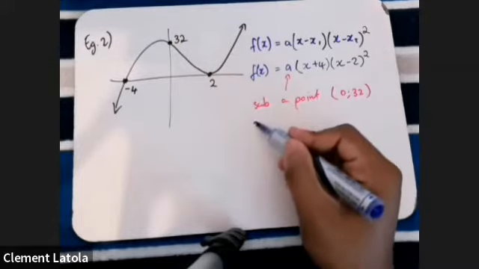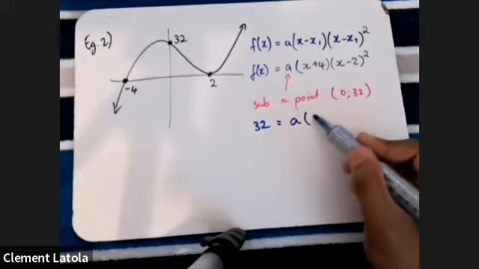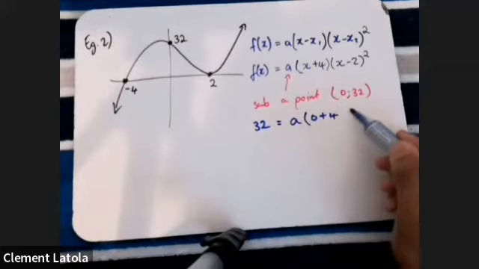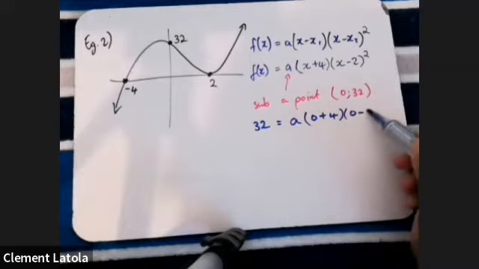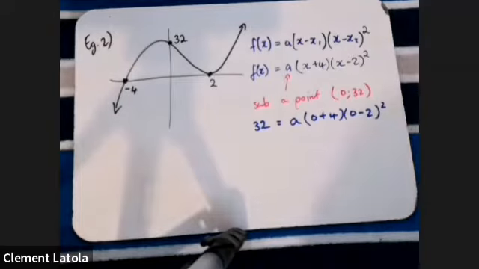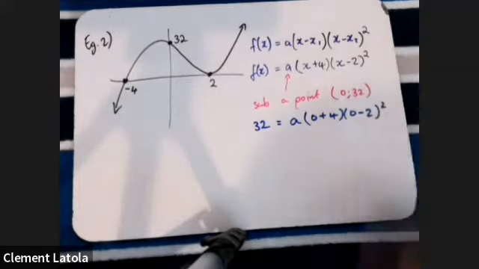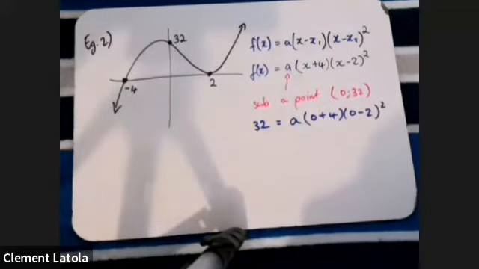So 32 is our y value and 0 is the x value. In both places where you see an x, you need to substitute the 0. In both places.